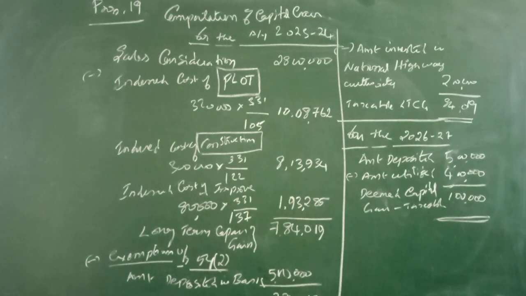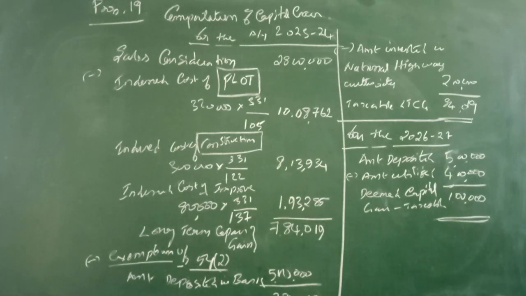The present index point for this period is 331, and for the cost of improvements made, the index point for 2008-09, when 80,000 additions were made, is 137.